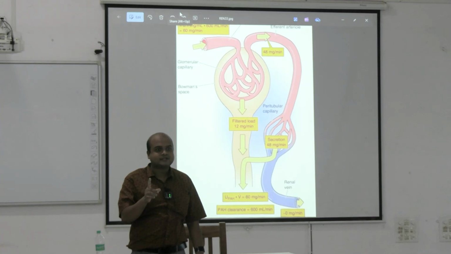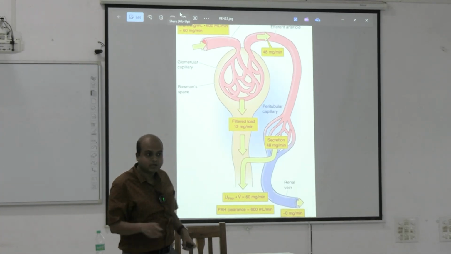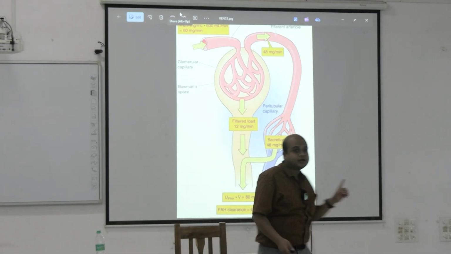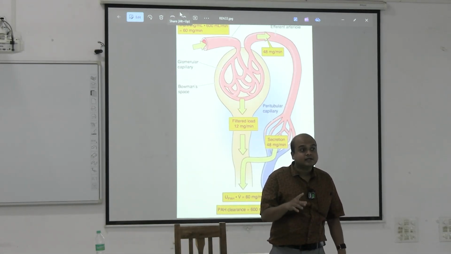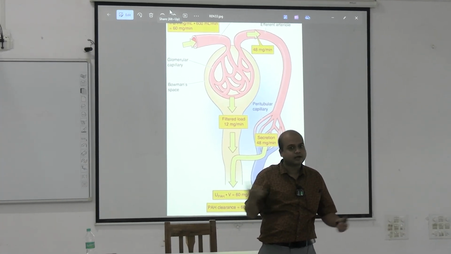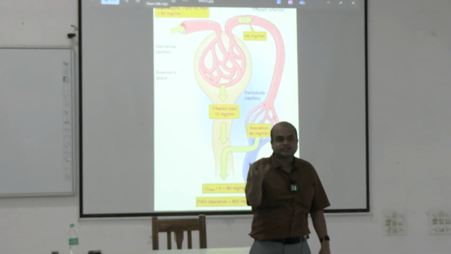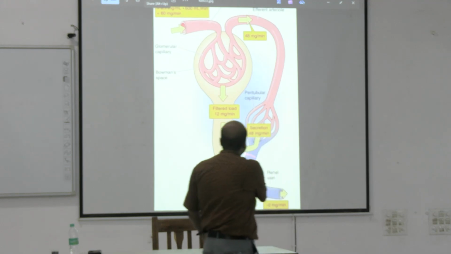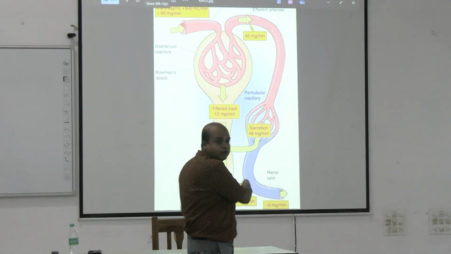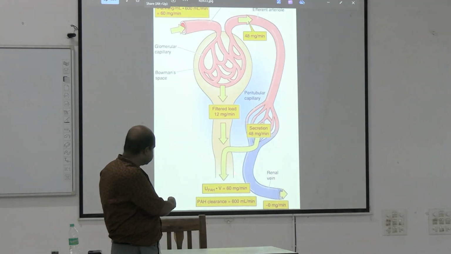Now one point to notice, we will discuss reabsorption and secretion, and we must do it today. One point is, secretory capacity has a maximum limit. So if we inject too much PAH, again the calculation will go haywire. The secretory capacity means the secretion from the peritubular capillaries into the renal tubule.